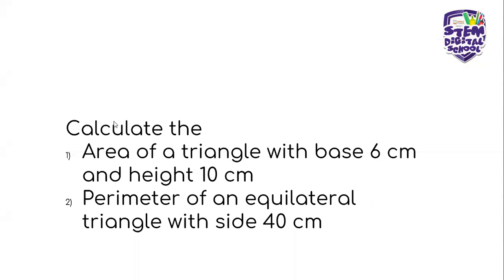I hope that those who were busy with this activity will now see how we have calculated both the area and the perimeter of the triangle. Remember, this lesson plays a role, especially when it comes to our 3D objects.